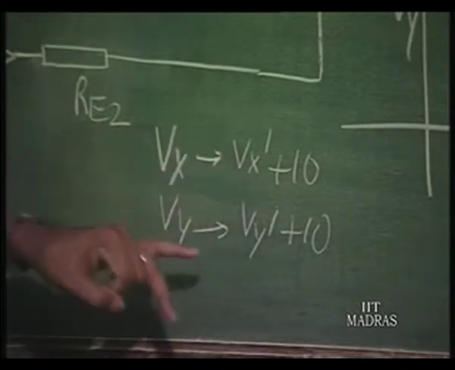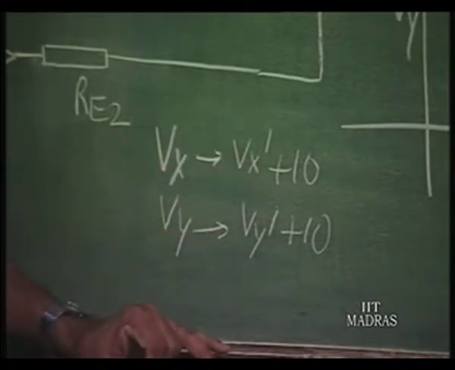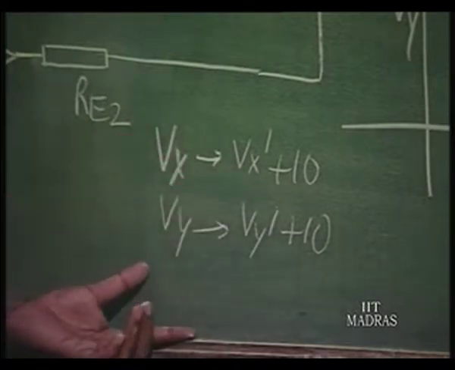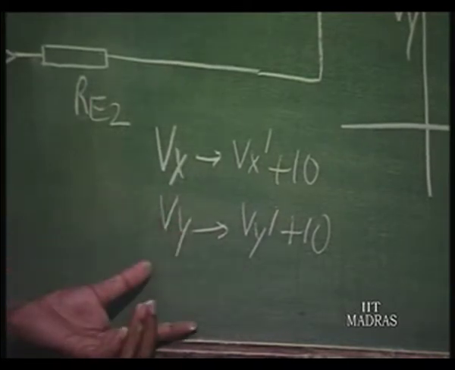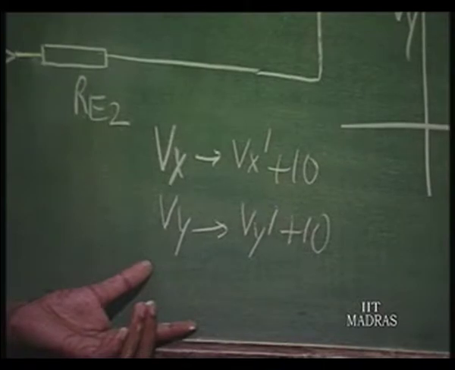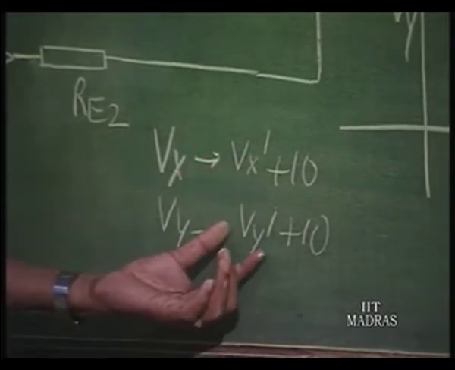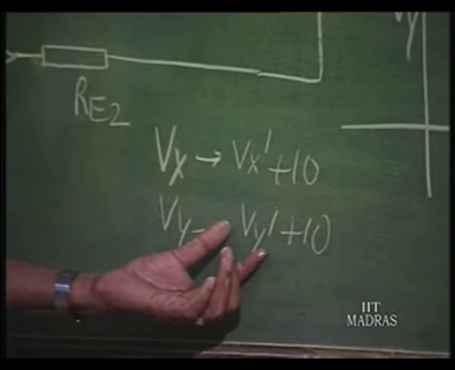Both V x dash and V y dash have to go to plus minus 10 volts. That means, effectively V x and V y will have to go up to 20 volts in this case. Therefore, if V x and V y limits are made 0 to 20 volts, then V x dash and V y dash can be made plus minus 10 volts.